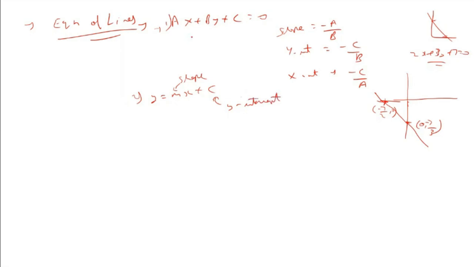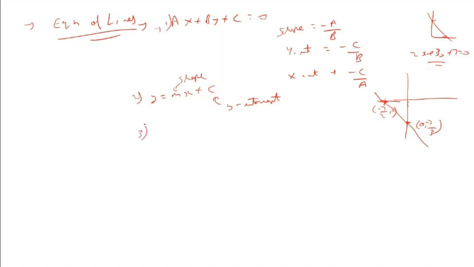The equations are maybe the same, but the form of the equations is different depending on what you know about those lines. For example, if somebody gives you the slope of a line and a y-intercept, you can directly put it here. So if you are asked to find the equation of a line with a slope of 3 and a y-intercept of 5, you can directly say the equation would be y equal to 3x plus 5. So these are different forms of the equation of the same line, but it depends on what you are given and what you need to find out.